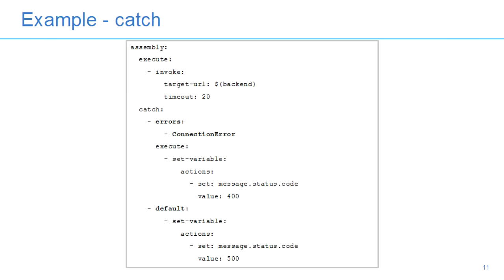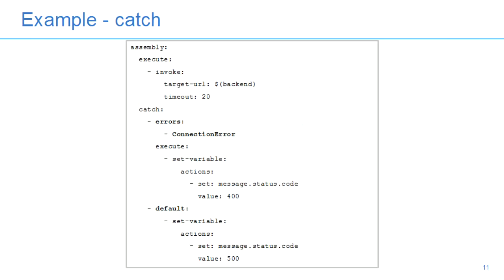We're going to invoke, and if there's an error connecting to that server, in other words it throws the connection error, we'll catch that and set a status code on the HTTP response of 400. In case it's not a connection error and something else, it would return a 500 error. It's probably something that was not expected to happen. So a very, very simple case here.